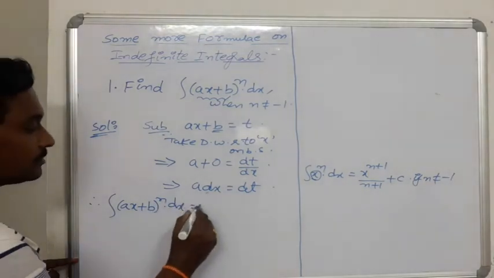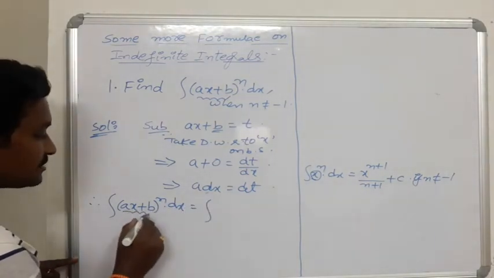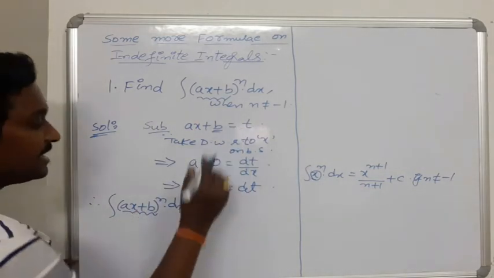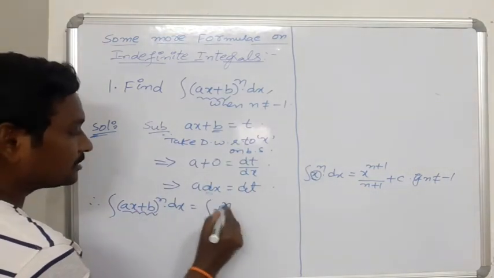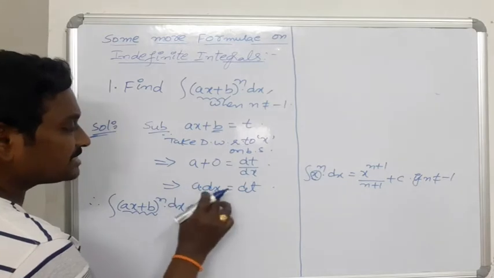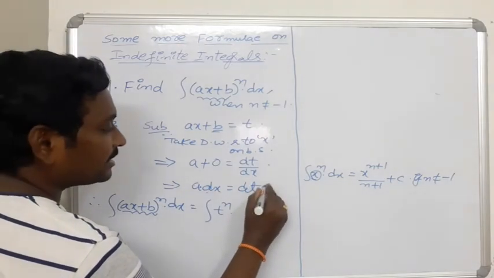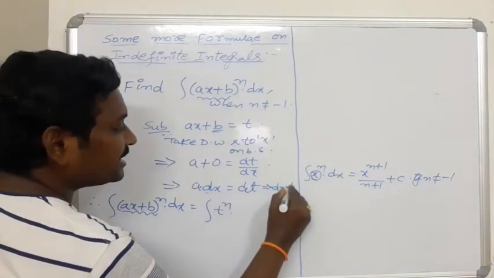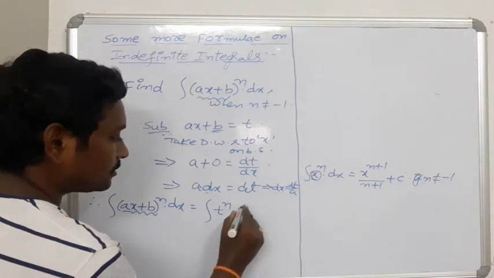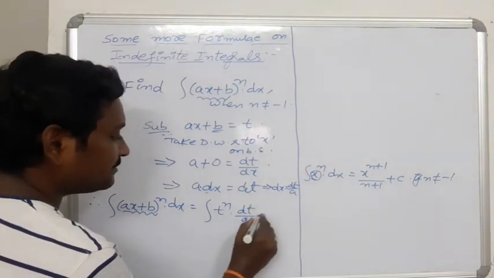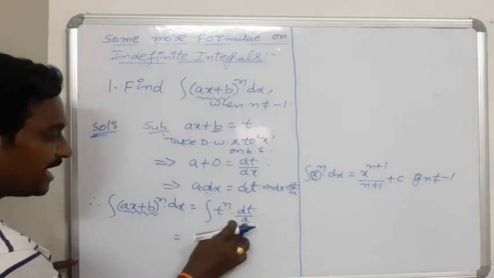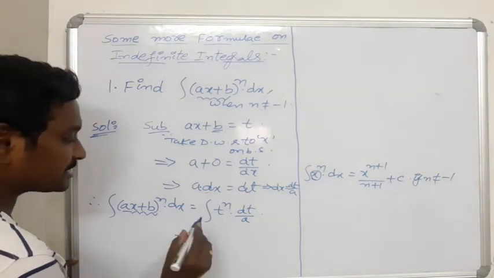So the given problem, integration of (ax plus b) whole power n dx, becomes: whenever we have ax plus b, replace it by t. So the problem becomes t power n. Here we have a dx equal to dt, that's why dx is equal to dt by a. So dx can be replaced by dt by a. The constant 1 by a is taken outside the integration.